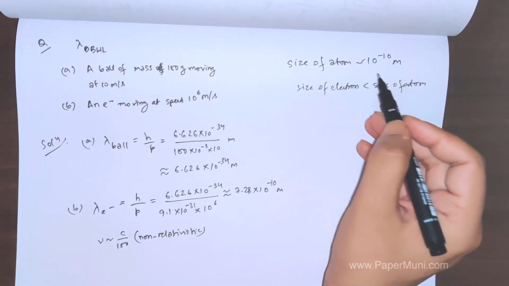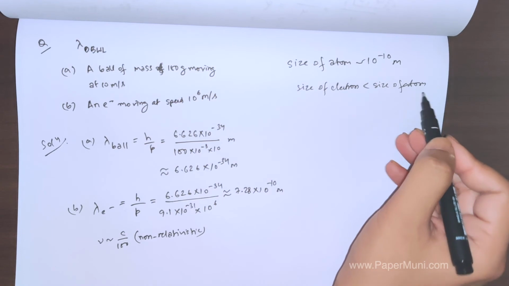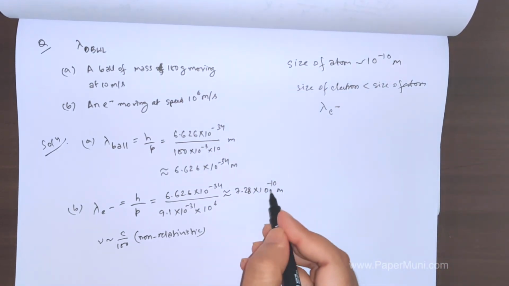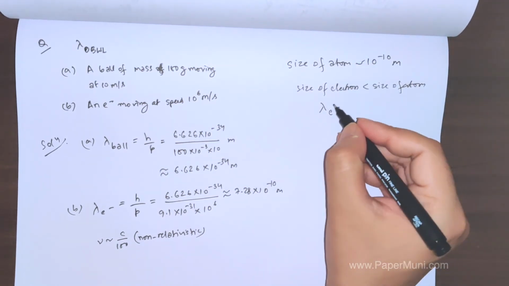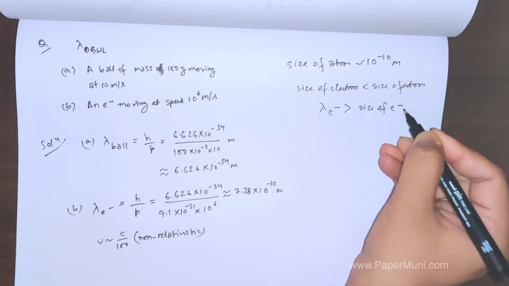So the size of the atom is of the order of this, and the electron size is very much less than the size of the atom. That means the wavelength is of the order of 10 to the minus 10, which is the size of the atom. That means this wavelength is greater than the size of the electron.